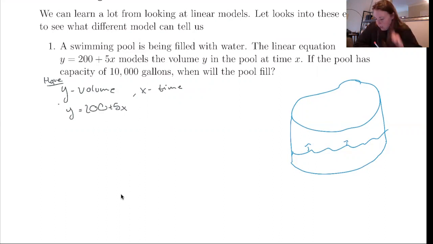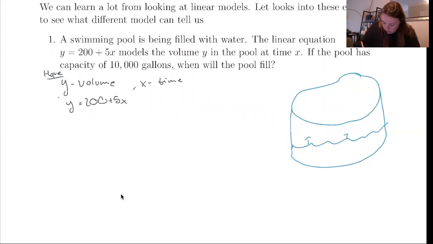If the pool has a capacity of 10,000 gallons, when will the pool fill? It's also a good thing to say what y and x are, because it gives you a clue of which variable you're going to solve for when asking this question.